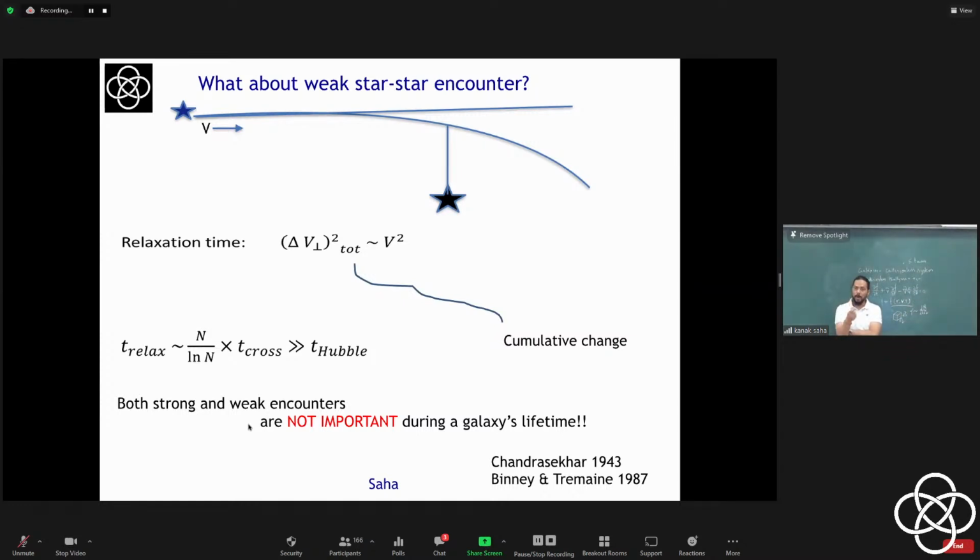Gaia has gone to micro-arc second accuracy, 10 to the minus 6 arc second and now below. So that's quite an advancement. But for any external galaxy, this is very difficult.